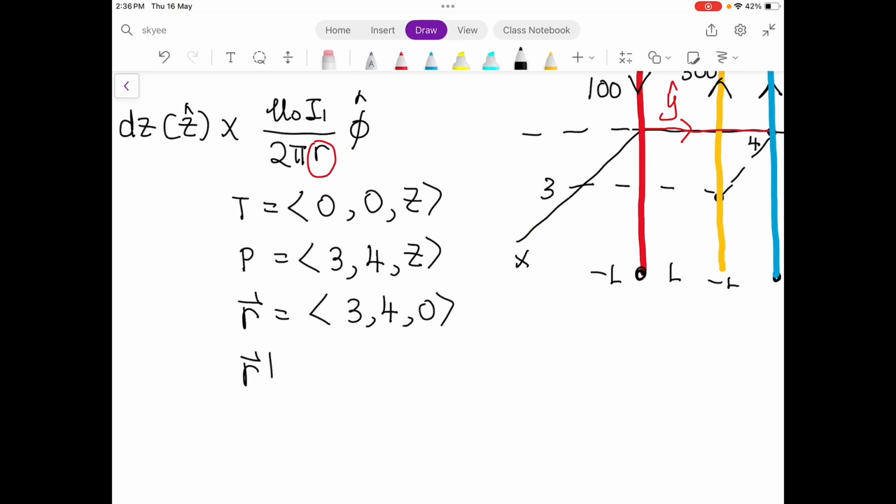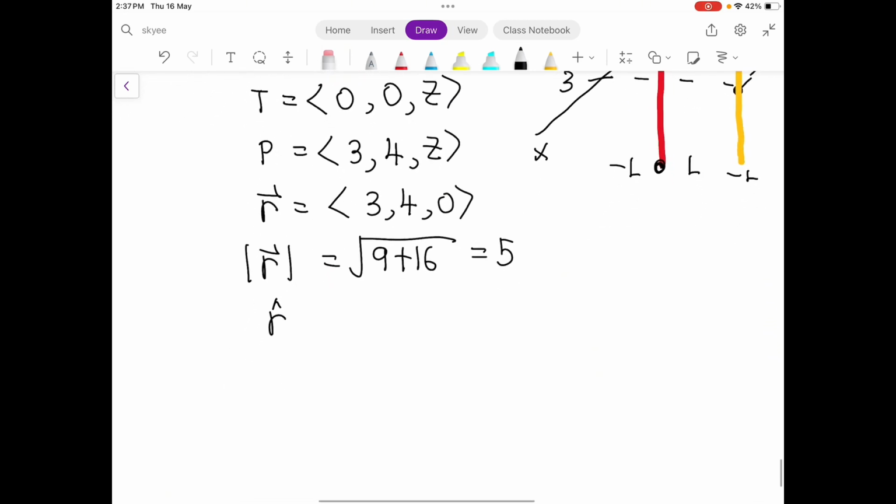The magnitude will be 9 plus 16, which is square root 25 equals 5. And the unit vector R is 3, 4, 0 over 5.